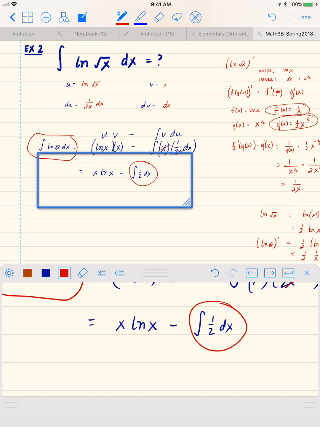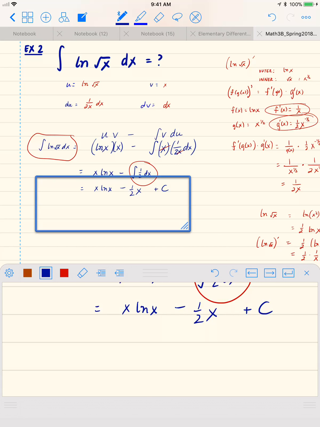We know that the integral of 1/2 dx is equal to just x over 2. Then we'll put a plus C for a constant. So that is going to be our final answer: x natural log of square root of x, minus x over 2, plus a constant.